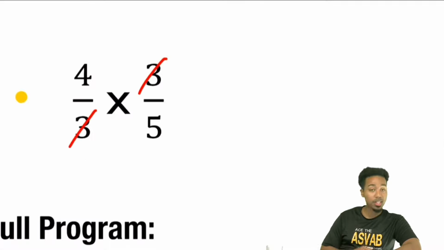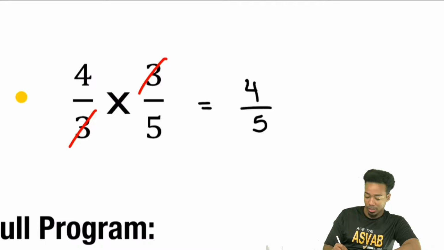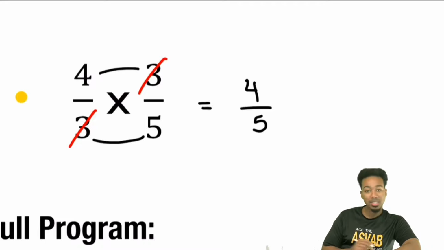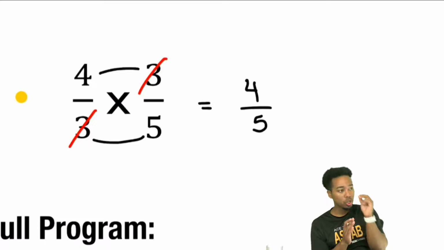You can just cancel out the 3's, and that'll just be 4 over 5, because it would end up being 4 times 1 over 1 times 5. 4 on top, 5 on bottom, and we're good. Even if you're just looking at it and you can see that these numbers are shared, boom, it saves you a ton of time, even on the easy problems.